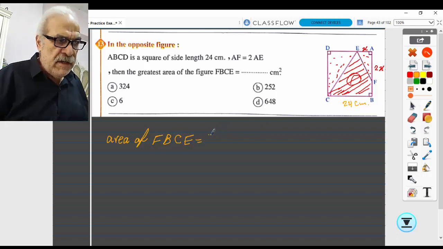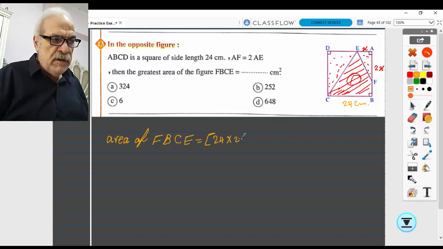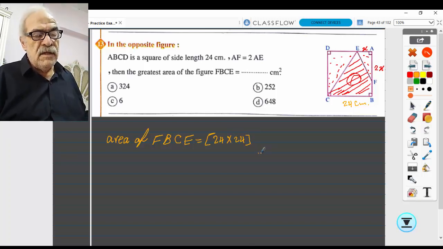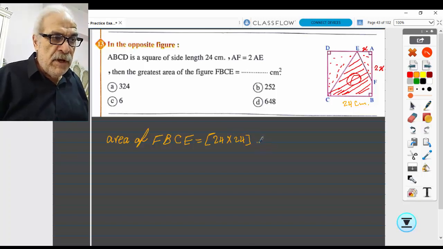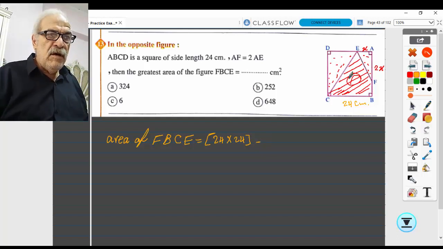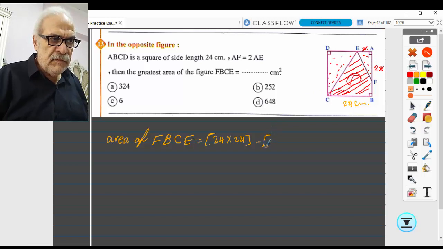So its area equals 24 multiply 24, as the area of a square equals side by side, minus the area of this triangle EAF. Its area equals half multiply base multiply height, 2x, plus the area of the other triangle.